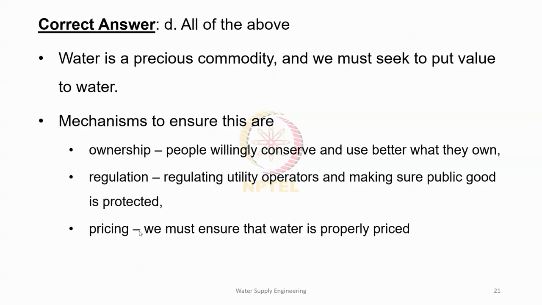But if the price is within an acceptable value, then consumers will be more vigilant to reduce the wastage rather than in the case when the water is provided for free. So, ownership, regulation, and pricing are the three mechanisms that we require.